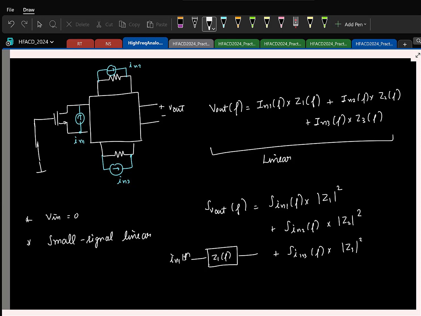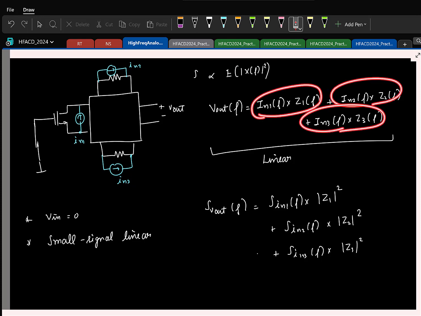Here I am making one assumption, which is the following. The assumption made is the 3 noise sources are uncorrelated, right? Because strictly speaking, the power spectral density you define to be proportional to the expected value of the magnitude of the Fourier transform squared, right? So if I take the magnitude squared of this entire thing, I'll of course have the squares of the individual things that I have written.